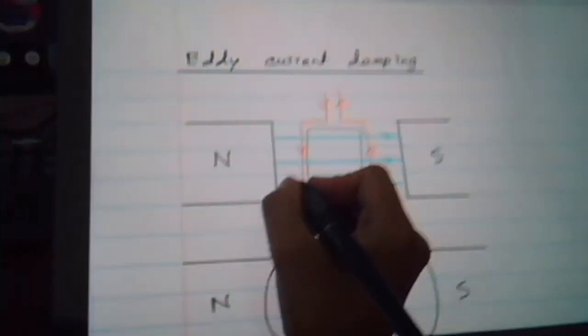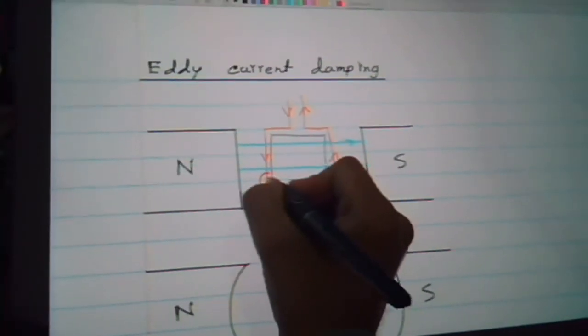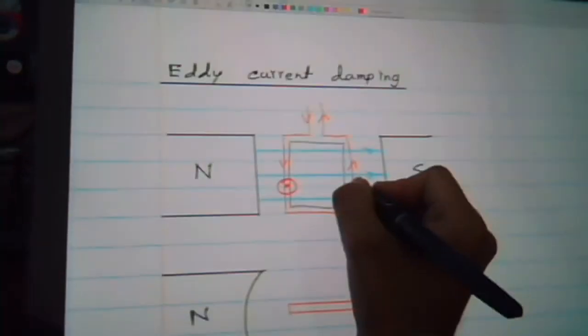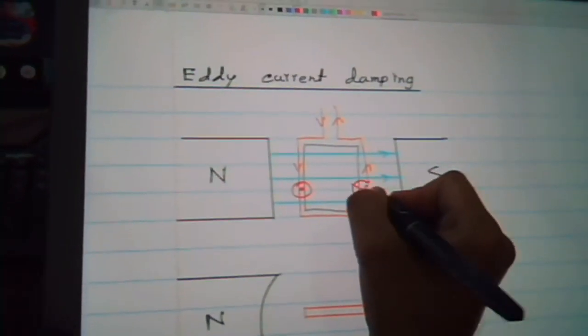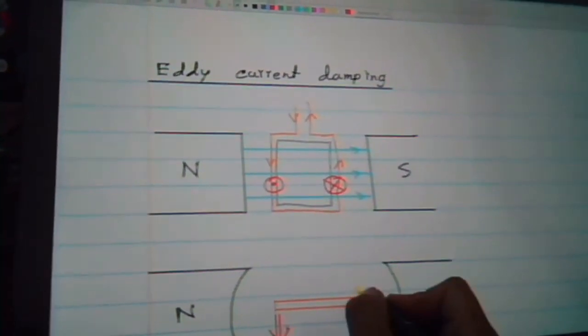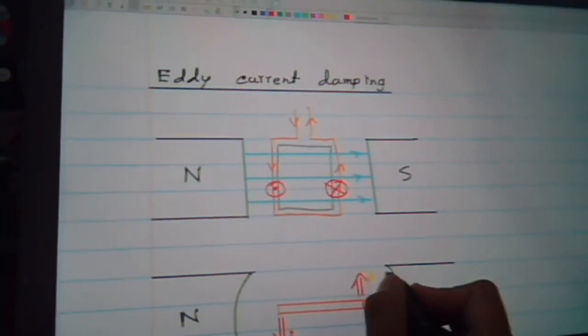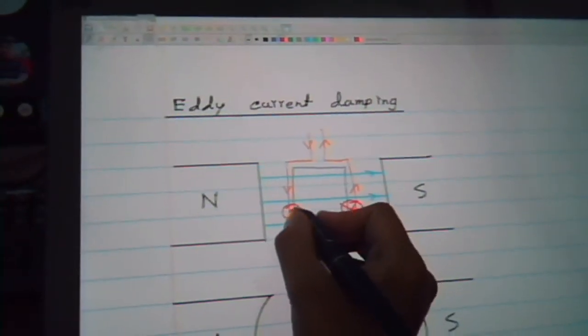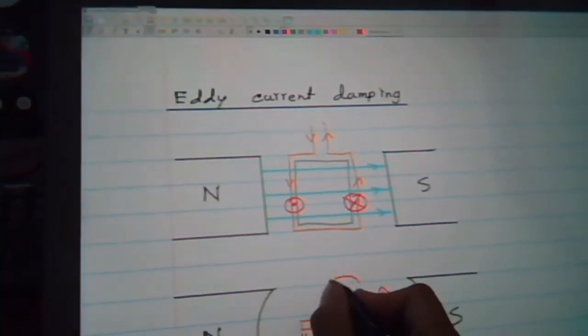So here the force is towards me, here the force is away from me, something like this. So it will move in this direction.